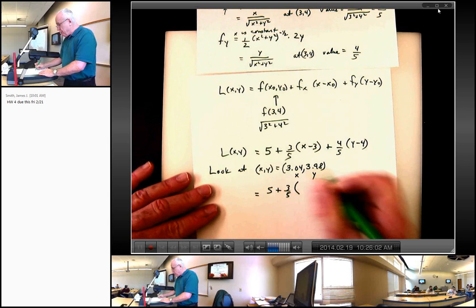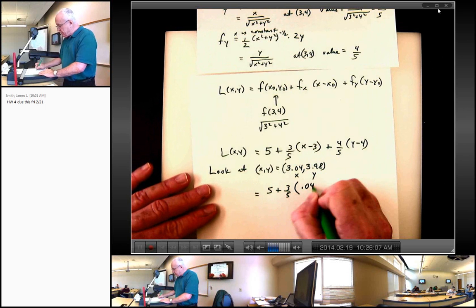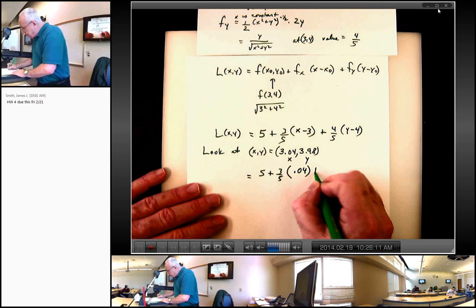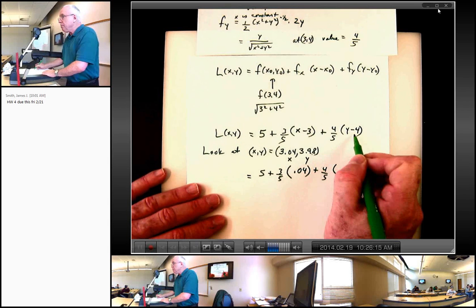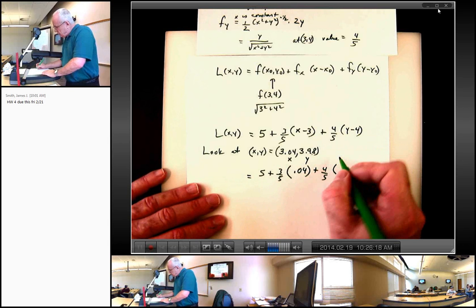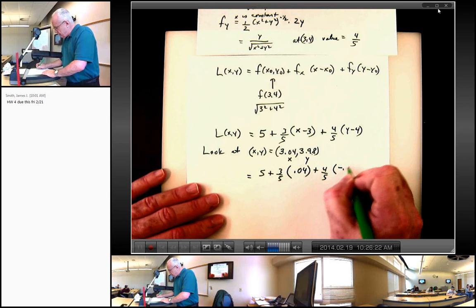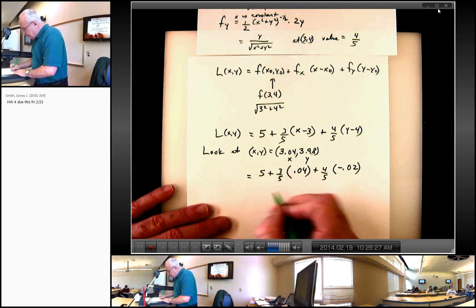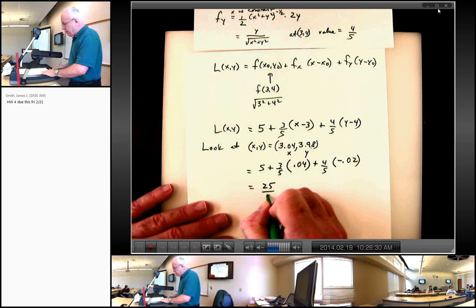Now, 3.04 minus 3 is going to end up with 0.04 in the parentheses, plus 4/5. Now, 3.98 minus 4 is going to be minus what is that going to be? Minus 0.02, right? Okay. And then let's do some arithmetic. Let's get it all over the denominator of 5.